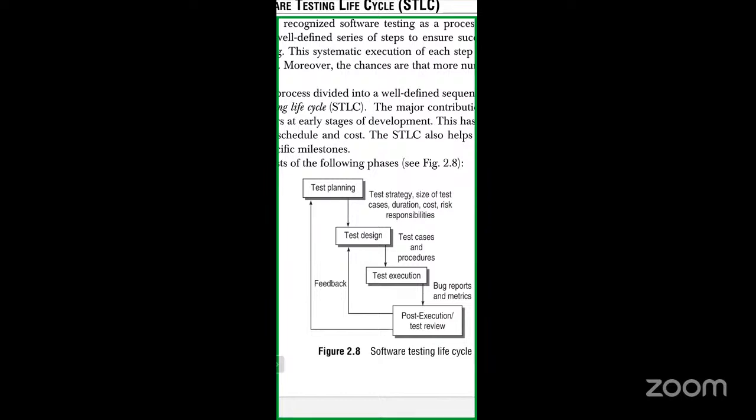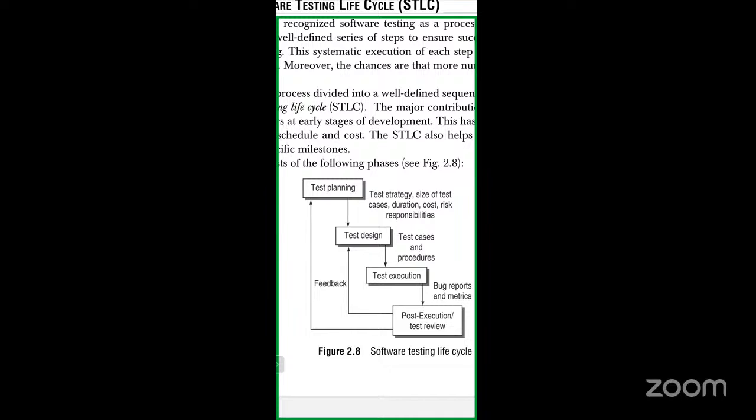That is size of the test cases, duration, cost, risk, and responsibilities. All these things we are going to plan at the time of test planning. If you are taking up any project, what is the test strategy that we are going to apply, whether it is top to bottom or bottom to top, white box, black box, or any other test strategy that we are going to apply.